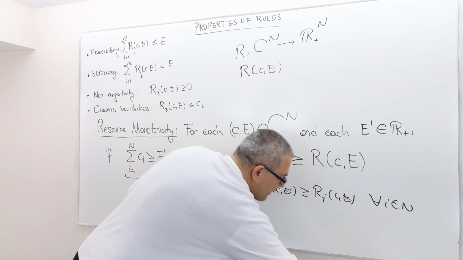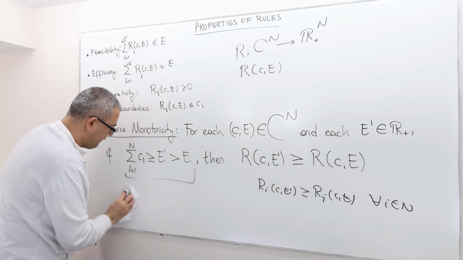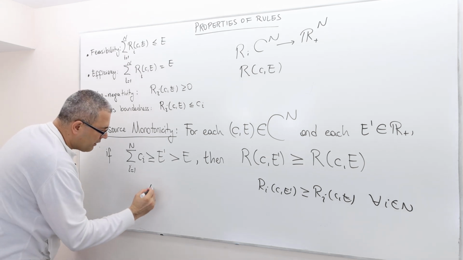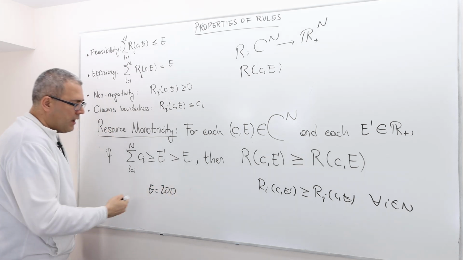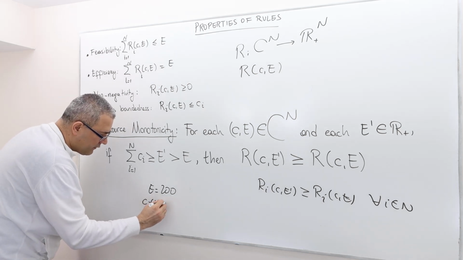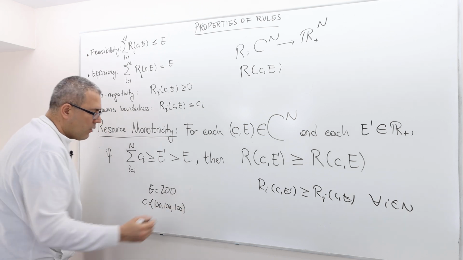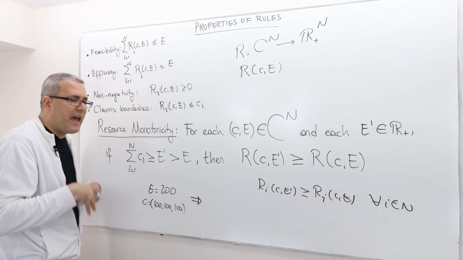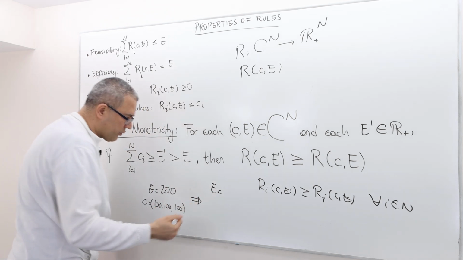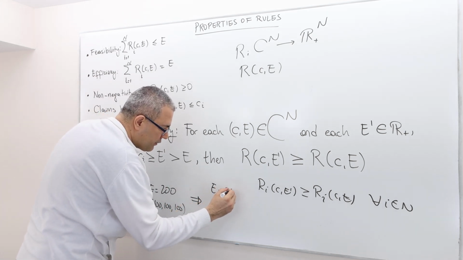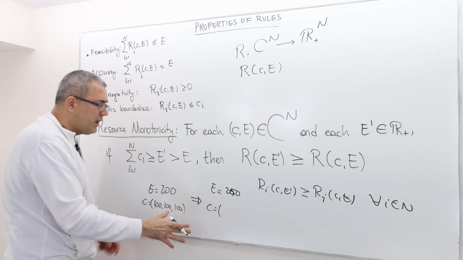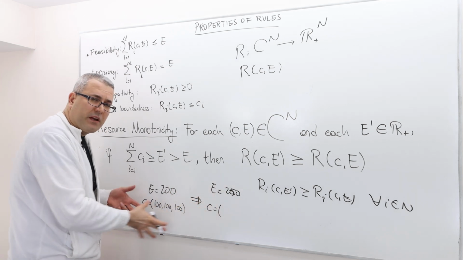So let's give some numerical examples to clear the definition, but I think the definition is almost clear. Let's consider I have the resource 200 and the claim vector is 100, 100, 100. Then let's look at another problem where the total resource is 250. If I change the claim vector, I cannot make any comparison here.